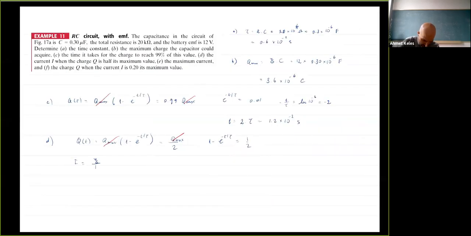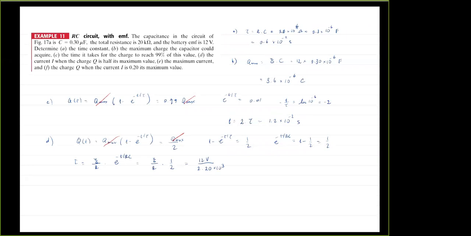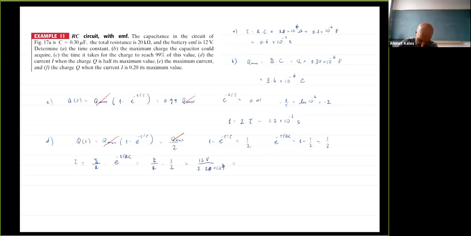But we know e to the minus t over RC is equal to 1 minus 1 over 2, which is 1 over 2. So it's E over R times 1 over 2. This is 12 volts divided by 2 times 20 times 10 to the 3 ohm, which is 3 times 10 to the minus 4 ampere.